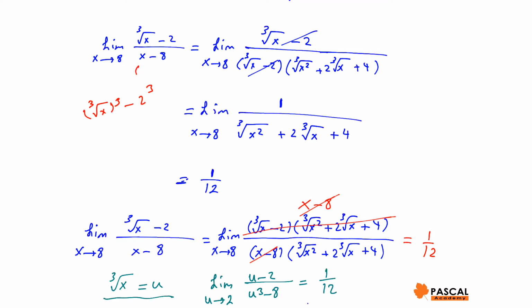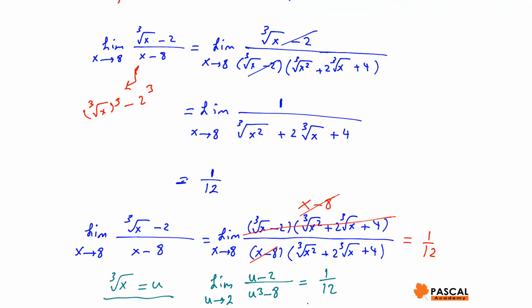If we look at x minus 8 carefully, it is a difference of cubes, cube root of x to the power of 3 minus 2 to the power of 3. And it can be broken down as (cube root of x minus 2) times (cube root of x^2 plus 2 cube root of x plus 4). And the rest is very straightforward. Reducing the fraction, plug in the number.